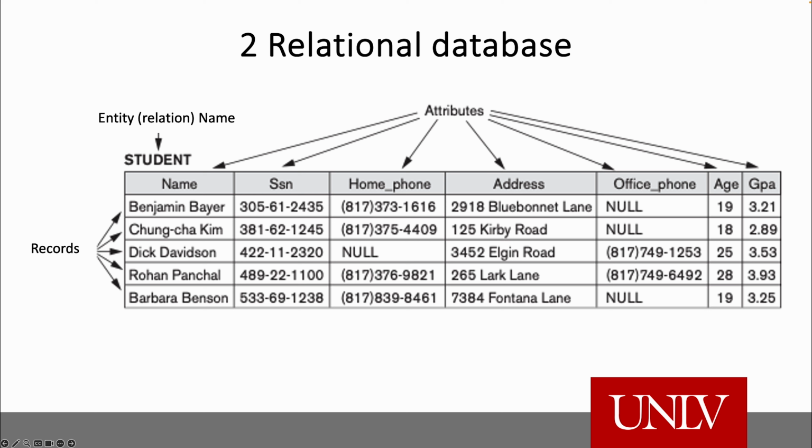The columns represent the details or attributes of that entity, like name, price, or date. Each row is a record, a single instance of that entity. For example, if you think about a table for students, the columns might include name, social security number, phone number, address, age, GPA, etc. Each row is one student with specific values for each of those fields.